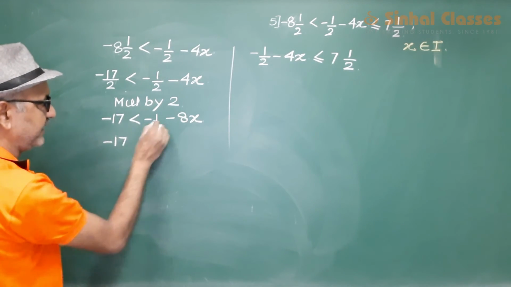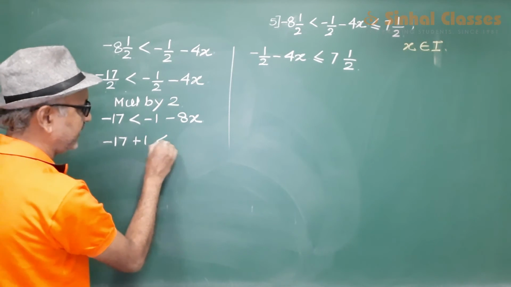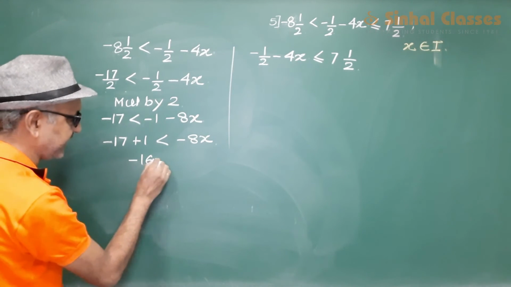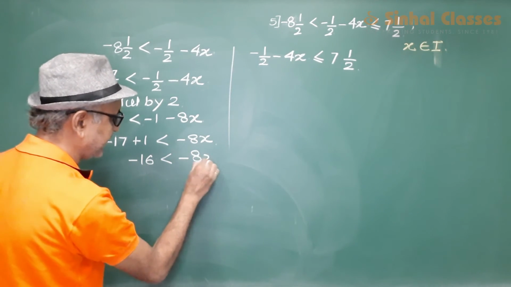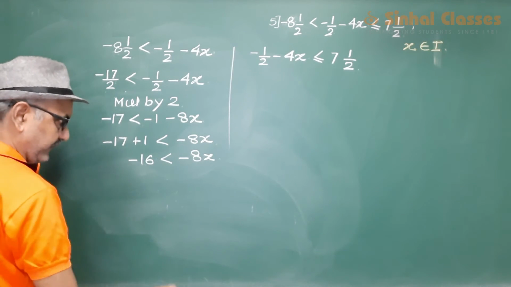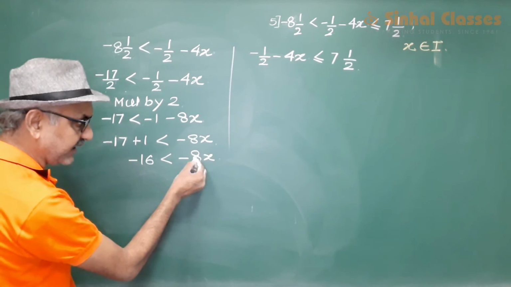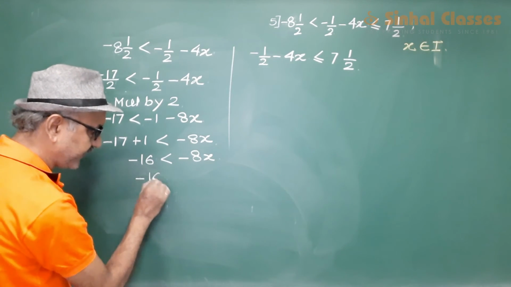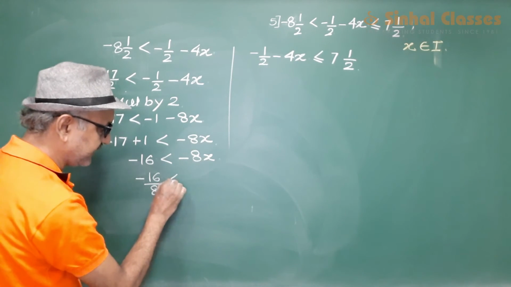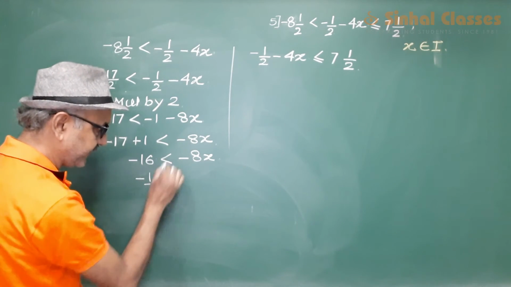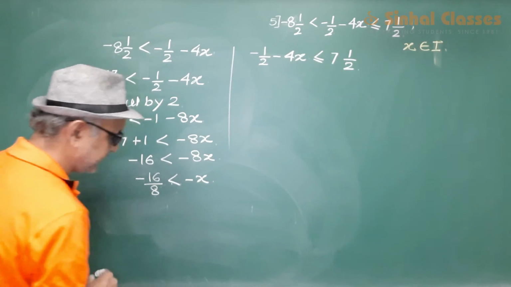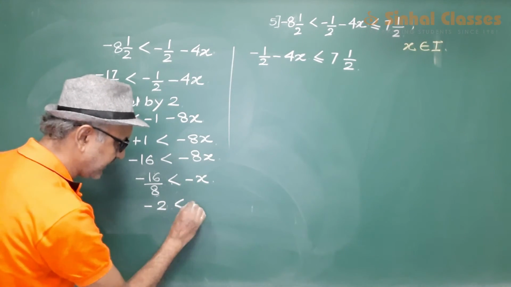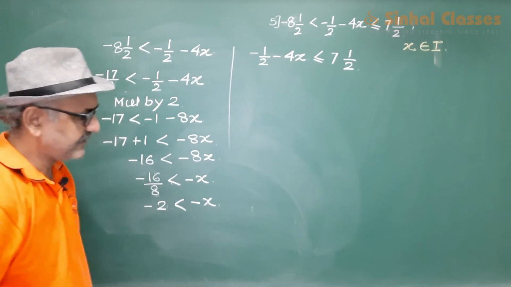So minus 17 plus 1 lesser than minus 8x, which is minus 16 lesser than minus 8x. Again, as I have told you earlier, shift only this 8. Minus 16 upon 8 less than minus x. It becomes minus 2 less than minus x.